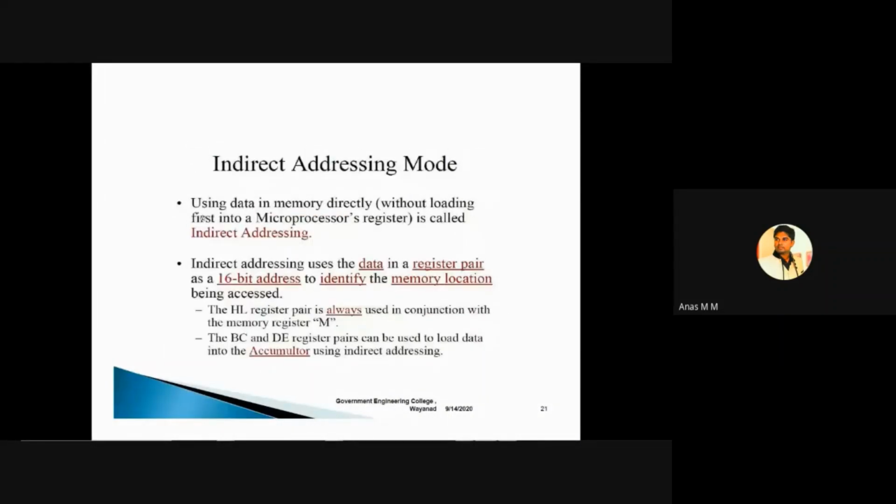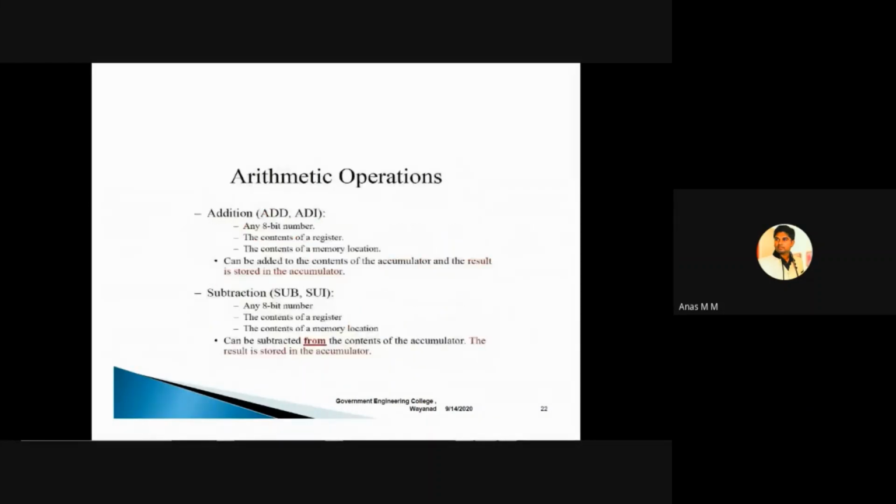Then indirect addressing mode. Here we are using the pointer concept. Then arithmetic. For addition, two types of instructions are used, ADD and ADI. And for subtraction, SUB and SUI. In both cases, we can use any 8-bit number, register or memory location.